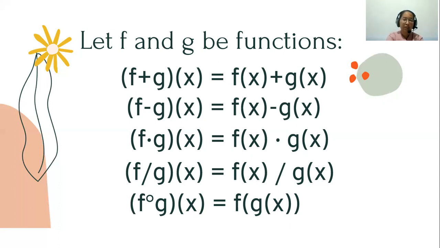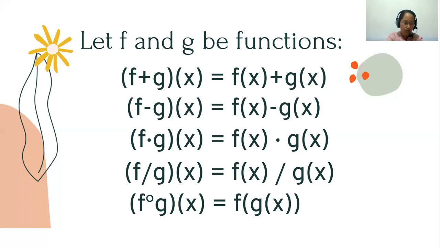If you want to find the product of these two functions, that is denoted by f, then our symbol for multiplication, which is a small dot, g. So (f · g)(x) is equal to f(x) times g(x). Very simple, isn't it? Then for the division, we have (f/g)(x) is equal to f(x)/g(x).